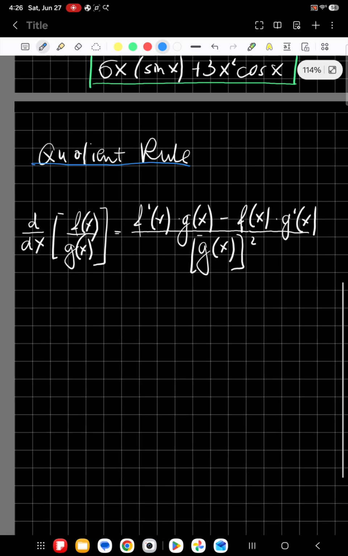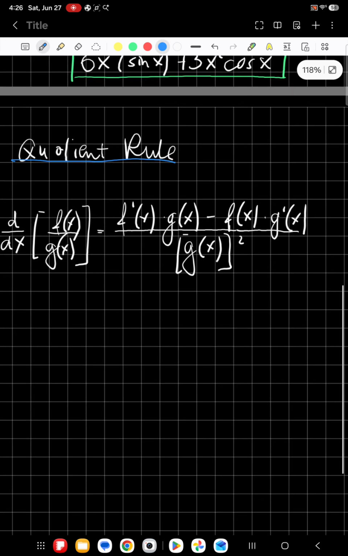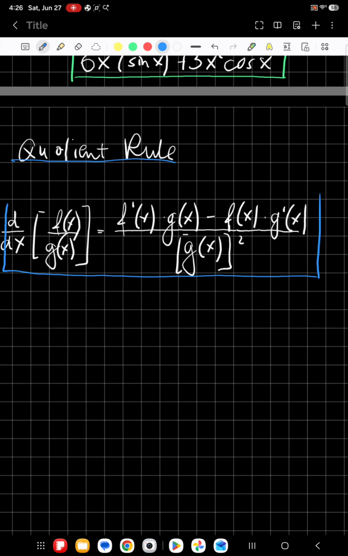Okay, so that's the rule here. Okay, yeah, so examples. And of course, let's make a little note here. The g of x cannot be 0.